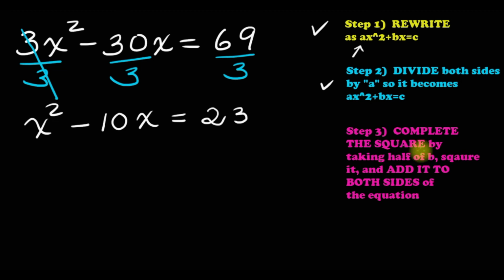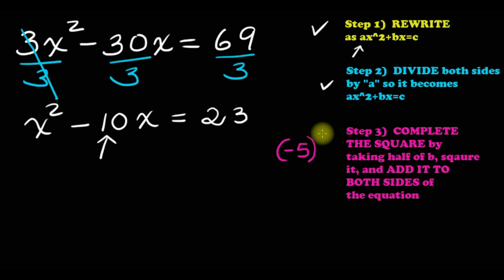Now step 3 is to complete the square by taking half of b, then square it, and then add it to both sides of the equation. So we have to take half of b. As you can see, here's your b. Your b is negative 10. So we're going to take half of negative 10, which is negative 5.